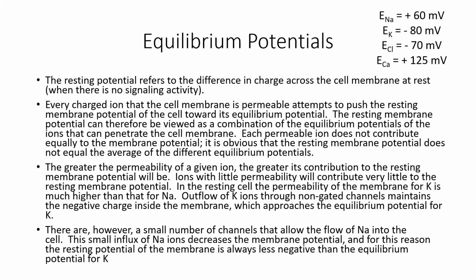Now, if I tell you that during resting membrane potential, the membrane is mostly permeable to potassium ions, then you have to understand that the potassium will try to push the membrane potential towards its own equilibrium, I mean -80, yeah? But actually during resting membrane potential, in a neuron, we don't have a resting potential of -80. We have somewhere -75 or even -70. Not exactly the same equilibrium potential as the potassium has.